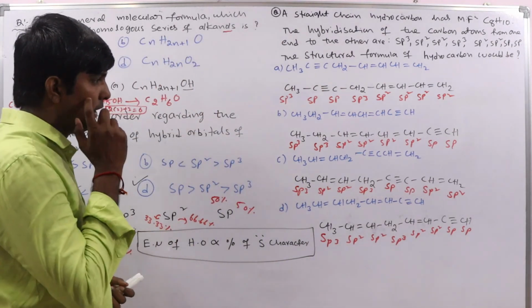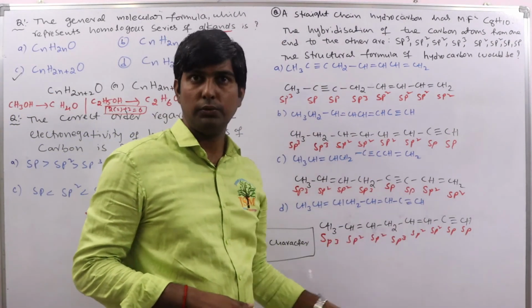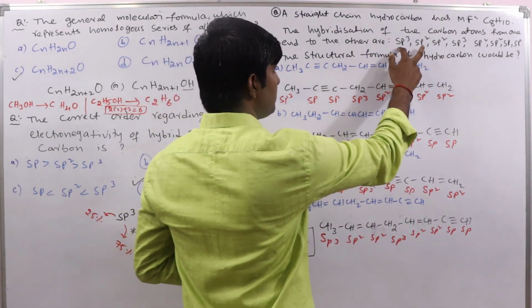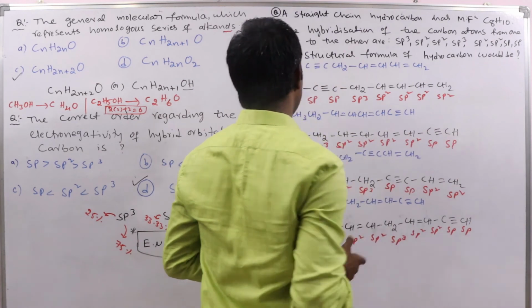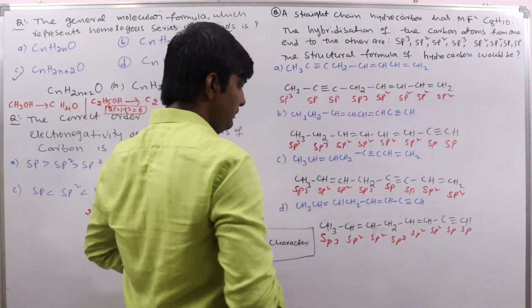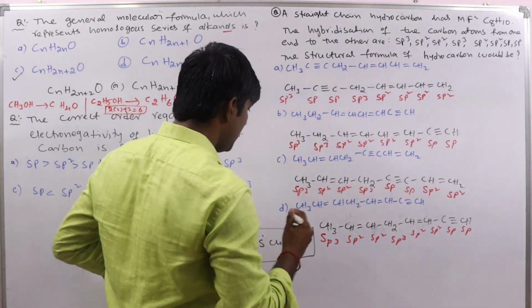Now it is given that from one end to the other the hybridizations are sp3, sp2, sp2, sp3, sp2, sp2, sp and sp. To choose the answer easily, look at this side: sp3, sp2, and the other terminal sp, sp. So this will be the answer.